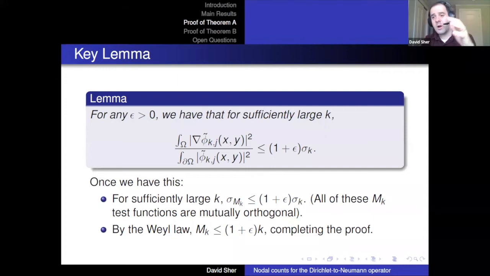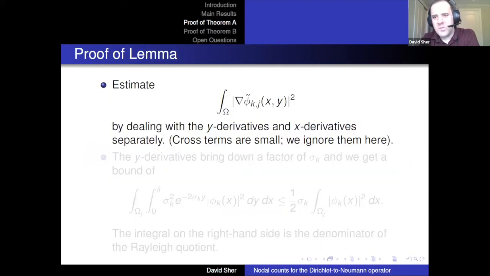So it all reduces to proving this estimate, and the proof of this estimate is not that bad. It's basically a direct computation. I'm going to suppress all the lower order stuff. We're going to estimate this numerator by dealing with y derivatives and x derivatives separately.